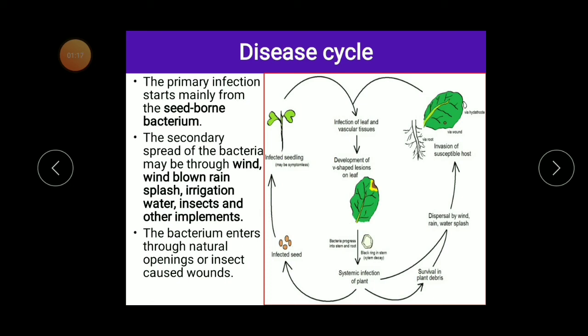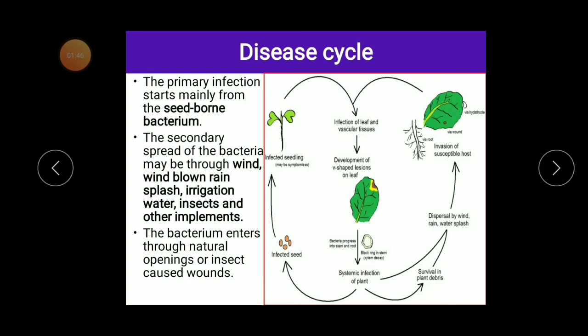The primary infections start mainly from seed-borne bacteria, and the secondary spread of the bacteria may be through wind-blown rain splash, irrigation water, insects, and other implements which is used in the field. The bacterium enters through the natural opening or insect caused wounds. So these were the disease cycle for this pathogen.